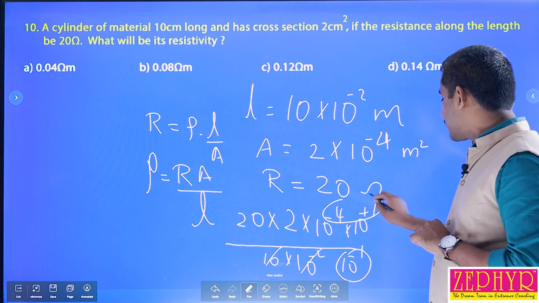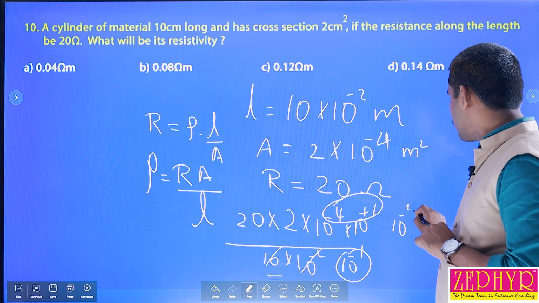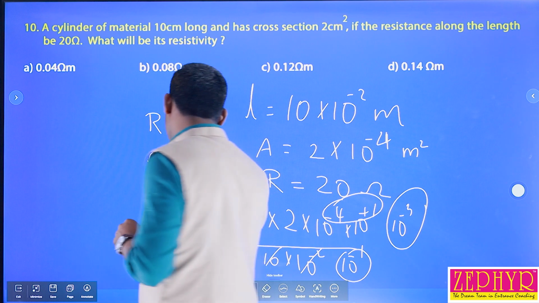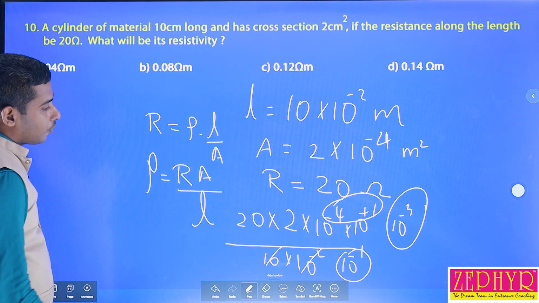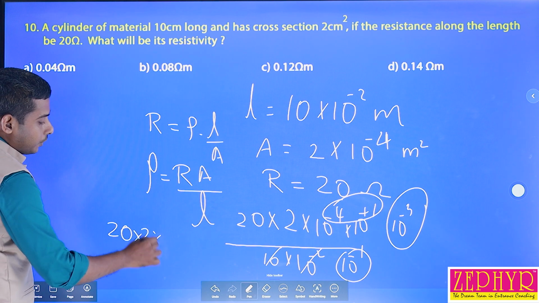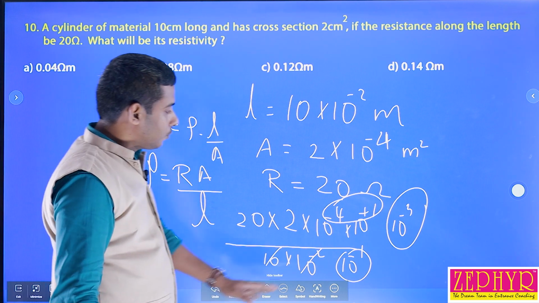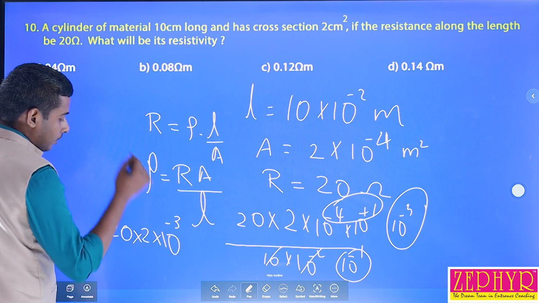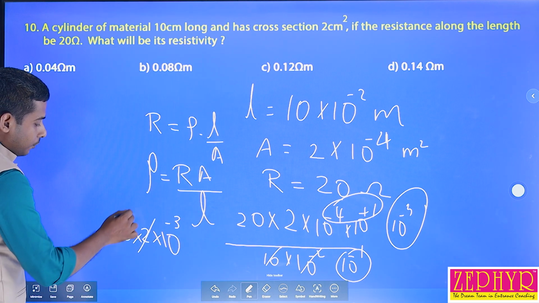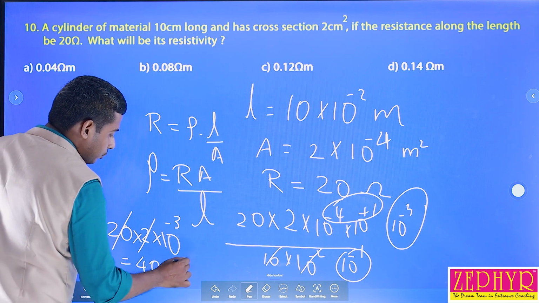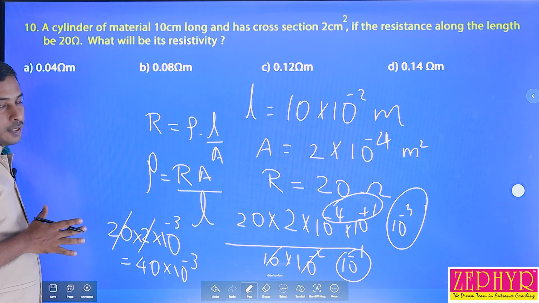So minus 4 plus 1 means that is 10 raised to minus 3. So right now we got 20 into 2 into 10 raised to minus 3. Okay, 20 into 2, that is 40. 40 into 10 raised to minus 3.